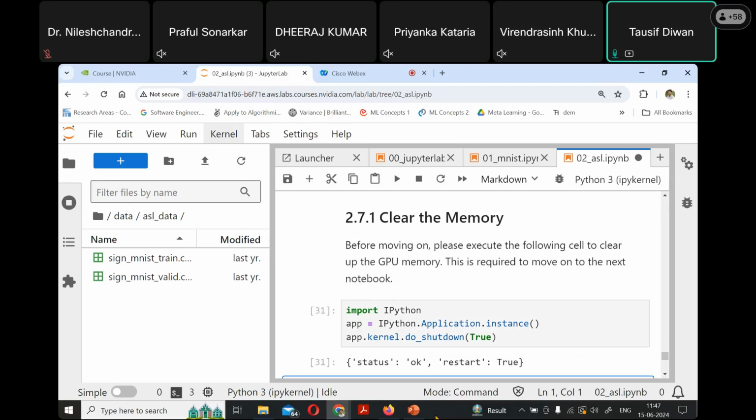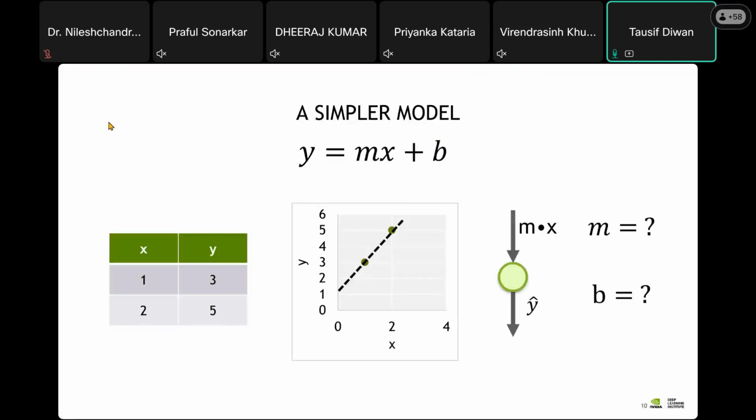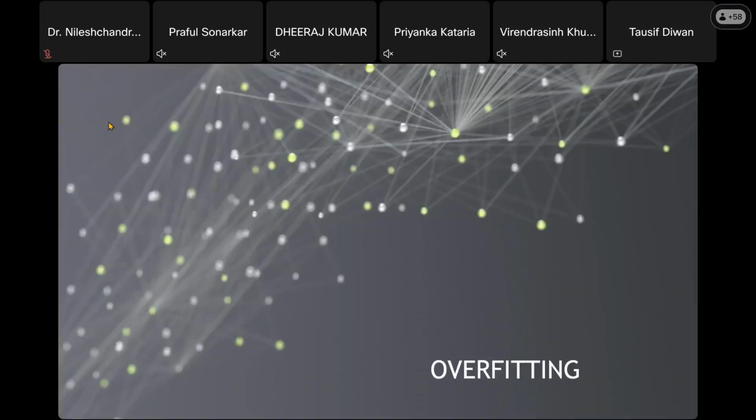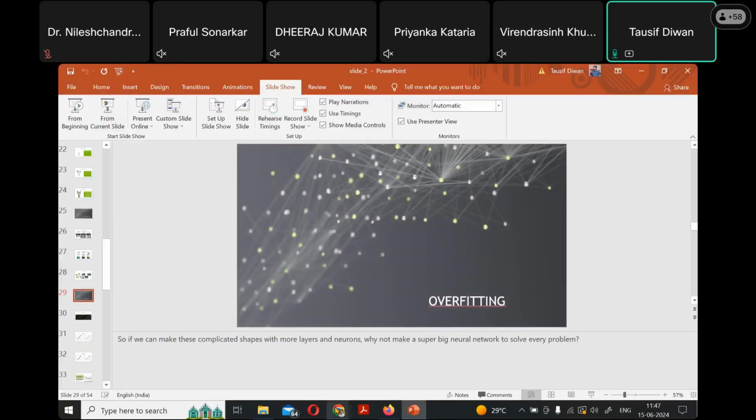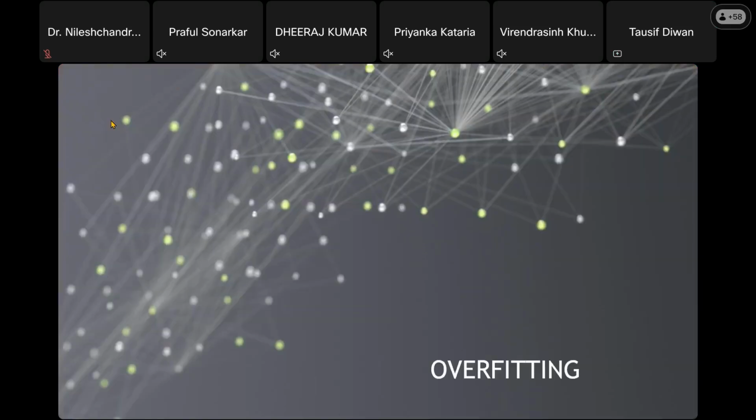Now understand the problem. Once again, we will jump to the previous presentations. This is the problem: overfitting. Overfitting is nothing but the performance difference between the training set and the validation set.